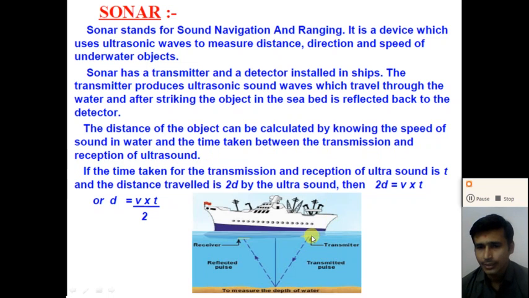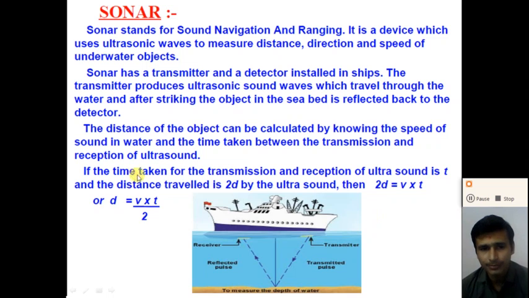If you know the speed of the sound wave in water, we only have to measure that time. From the formula, speed is equal to distance divided by time, so distance is equal to speed multiplied by time.